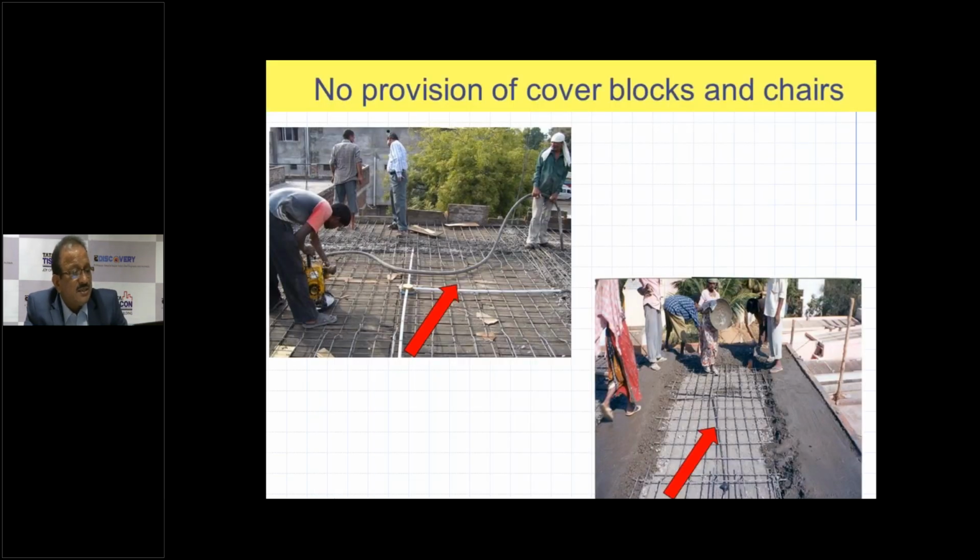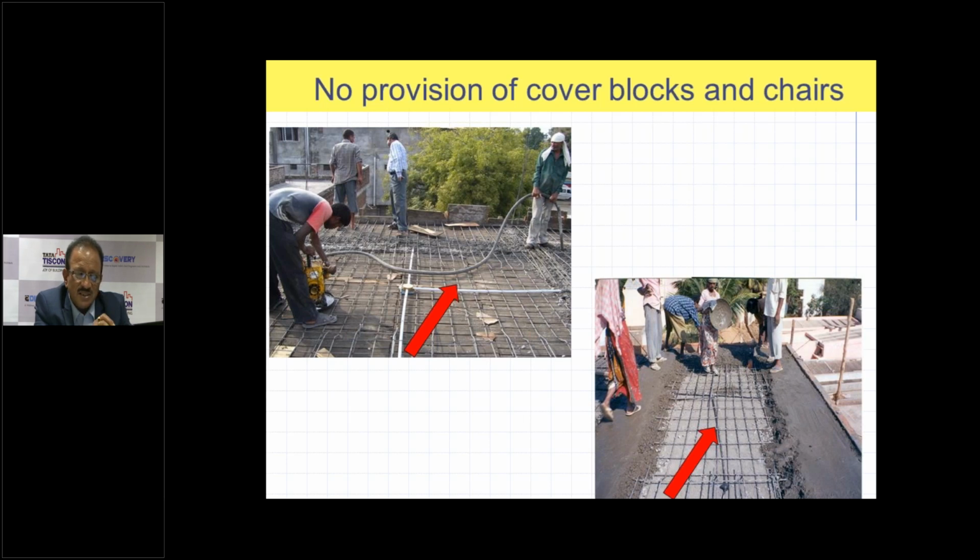See, here also you can see there is no provision of cover blocks and chairs. You can see these bars are practically touching the shuttering steel. Under such situation, the durability of the structure is reduced at least by 30 to 40%.